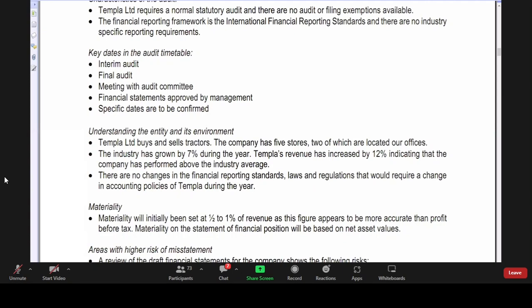Now, when they do the audit, they'll do fieldwork for about 4 weeks. Then by 28th of February, they've come up with draft financial statements. Those draft financial statements, we discuss them around 5th of March.